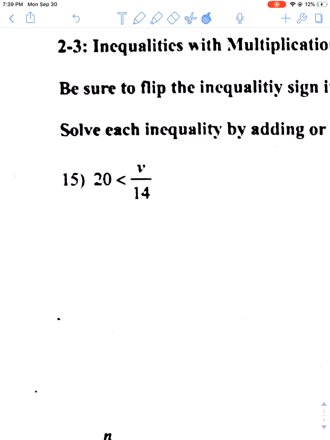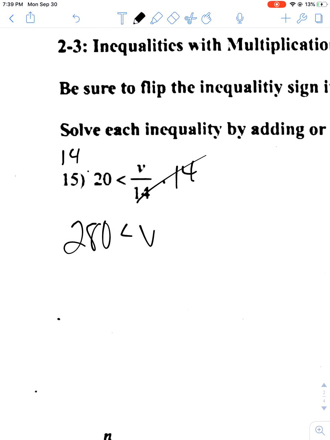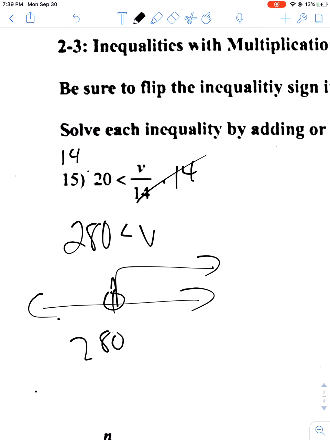All right, here we go. To undo dividing, we multiply, but if you do it on one side, you got to do it on the other. 280 is less than v. To graph it, put 280. Open circle, because no line underneath. 280 is smaller than v, so v has to be bigger. Interval notation, when does it start working? 280.